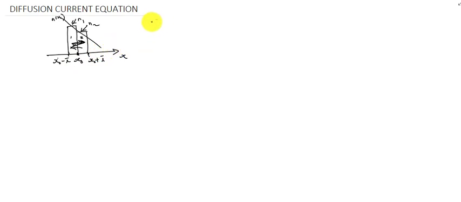We know that the electron concentration in segment 1 is n1 and the electron concentration in segment 2 is n2. Therefore, half of the electrons are moving from segment 1 to 2 and half of the electrons are moving from 2 to 1.